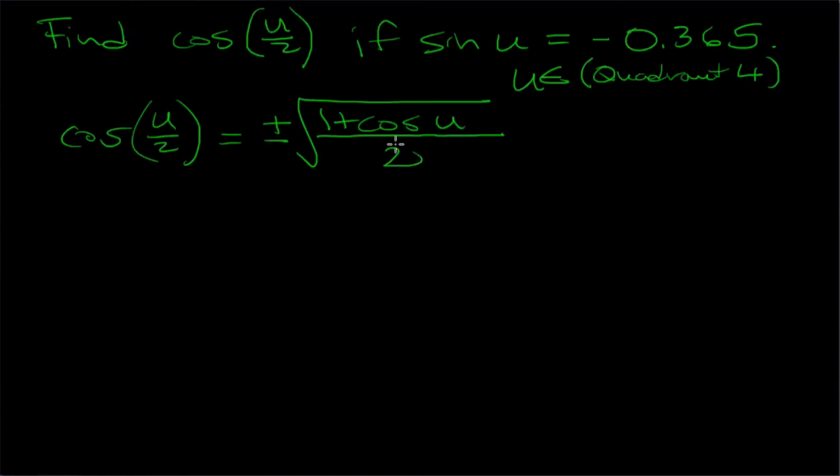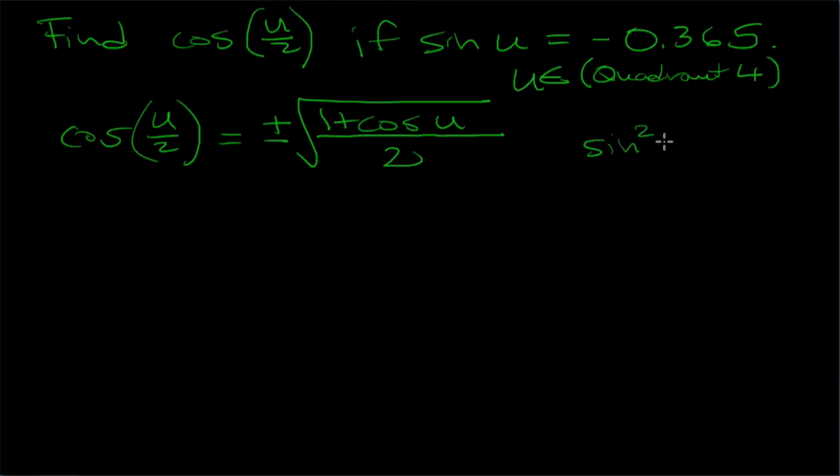And do I have the identity written correctly? So then, let's see. I know that I have to get a cosine of u, but right now I only have sine of u. However, I remember that there's another identity.